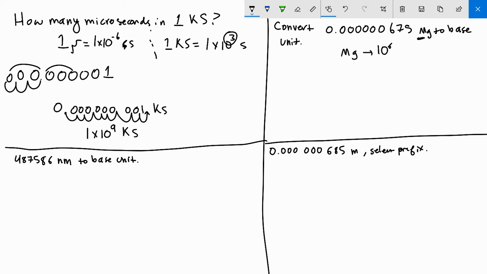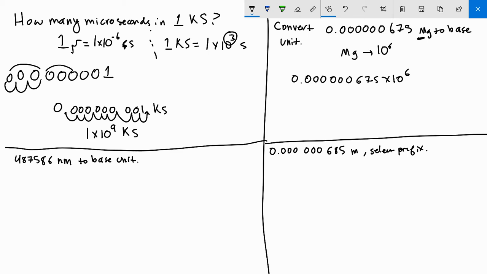So that means that this is really 0.00000000000675 times 10 to the 6th power. That's what we've got, which means we need to move our decimal point over 6 times to get back to our base unit.